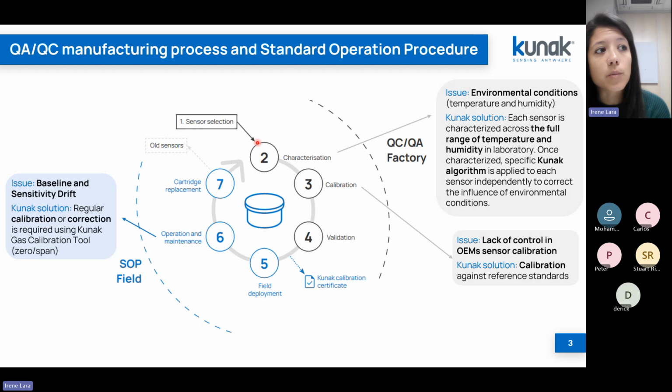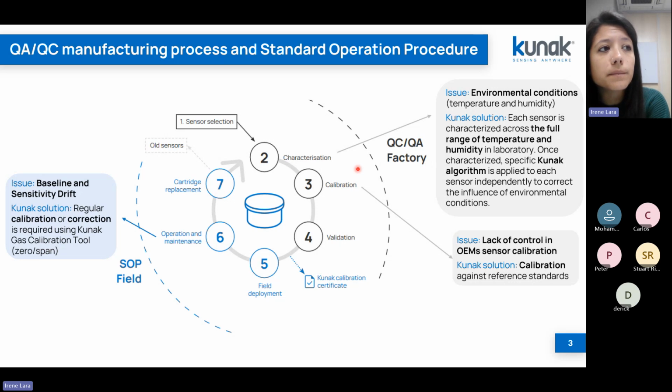So in the first step, what we do is to characterize how these variables impact the sensor. Each sensor is characterized across the full range of temperature and humidity in our laboratory. Once characterized, we know how the sensor responds, so we can apply the correct algorithm to mitigate the impacts of these variables.